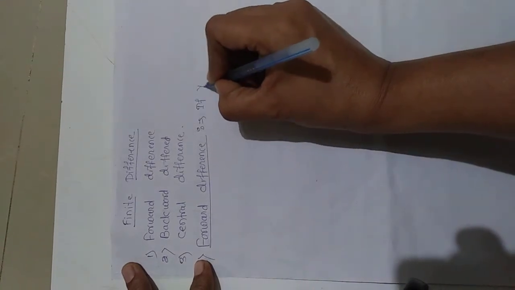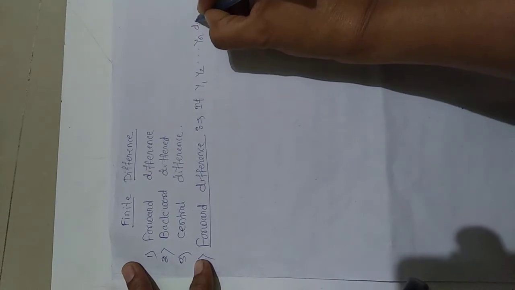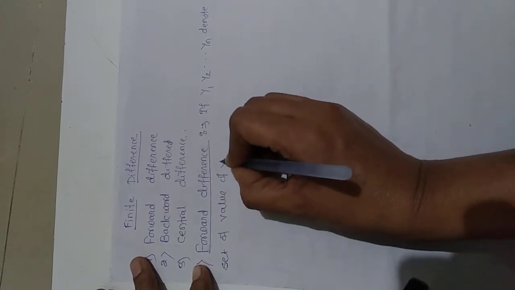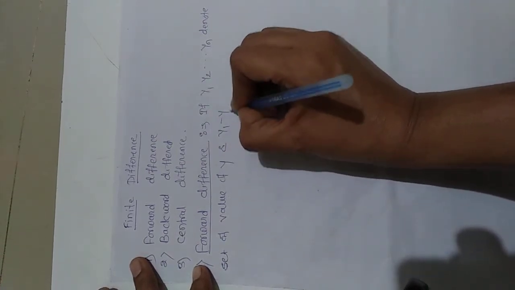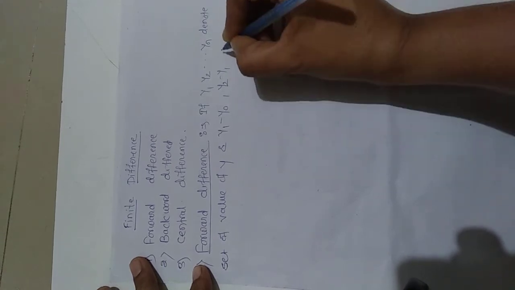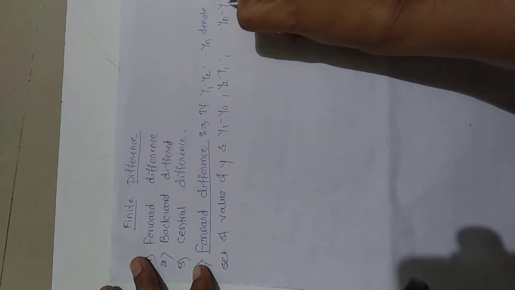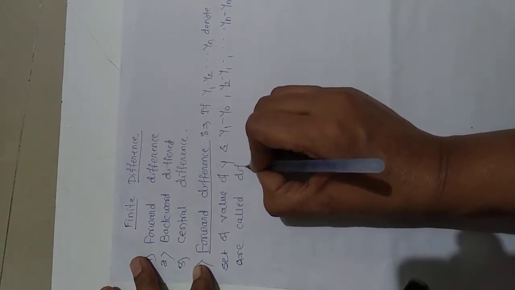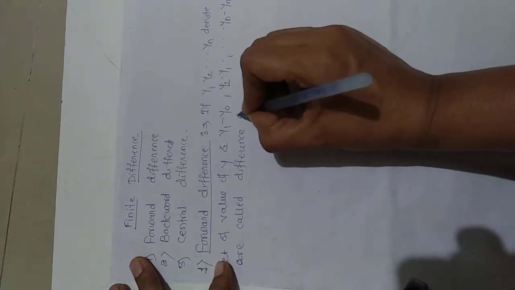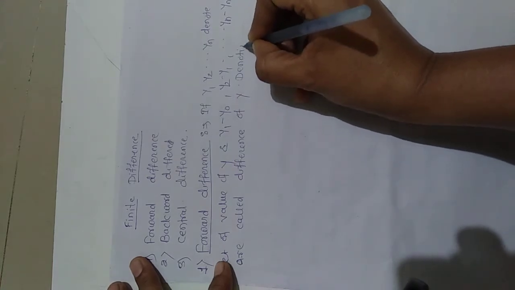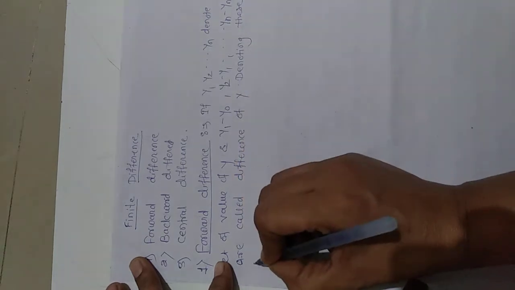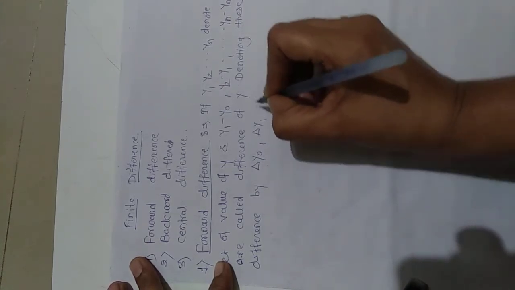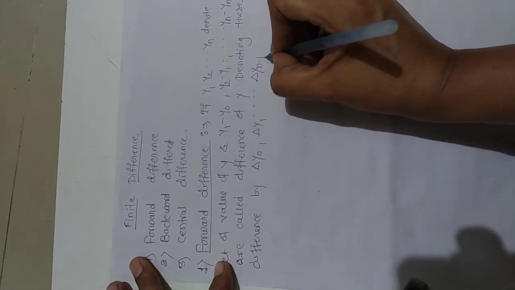In forward difference, first we see the definition. If y0, y1 up to the term yn denote a set of values of y, and y1 minus y0, y2 minus y1 up to the term yn minus yn minus 1 are called differences of y, denoting these differences by del y0, del y1 up to the term del yn minus 1 respectively.